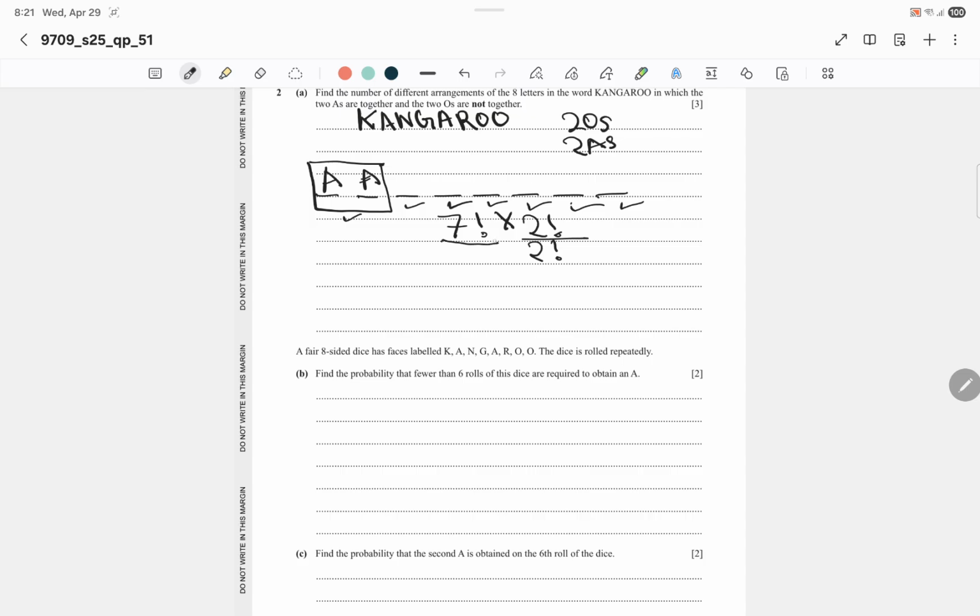But we have to divide this by 2 factorial since there are two O's. So this leaves us with 7 factorial by 2 factorial.